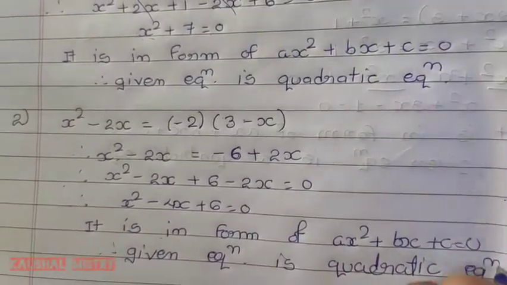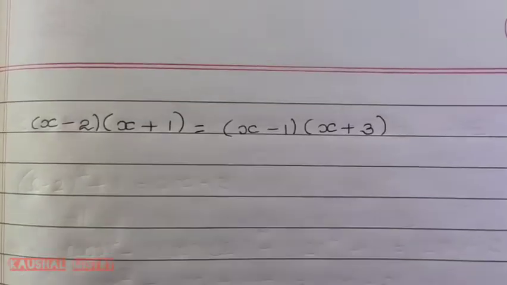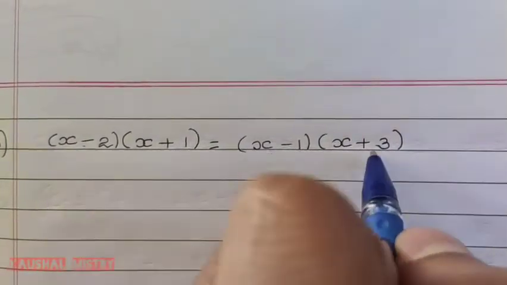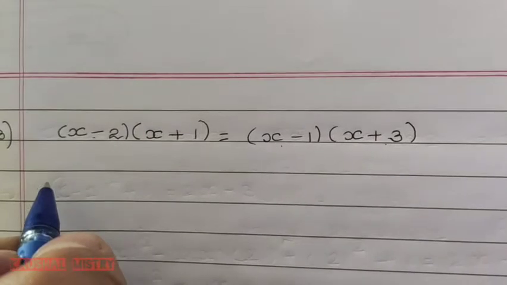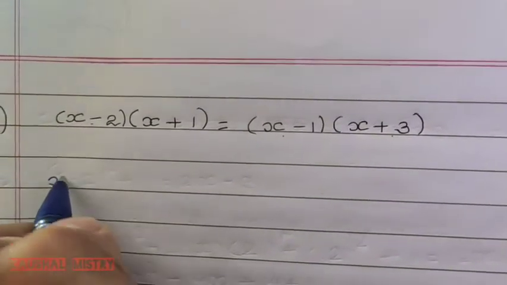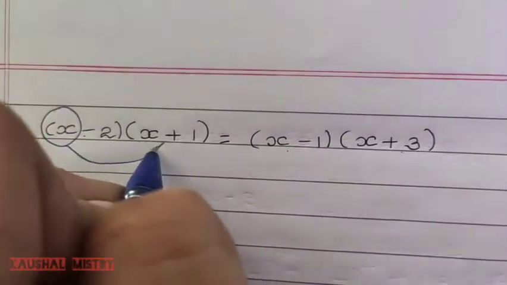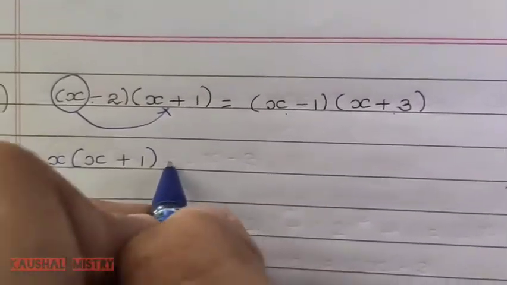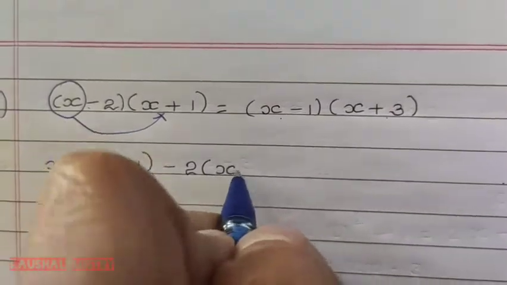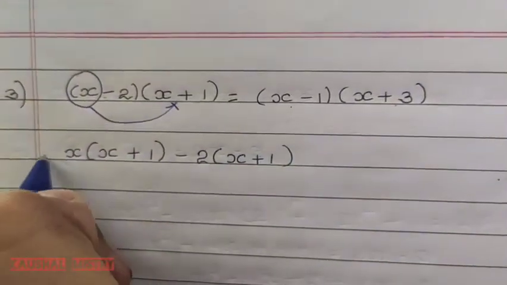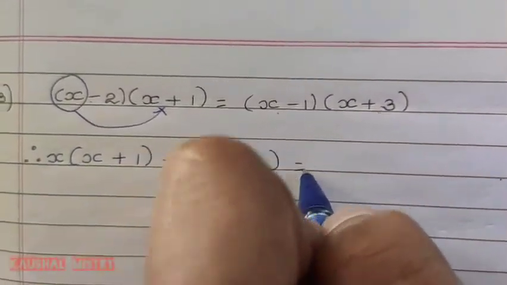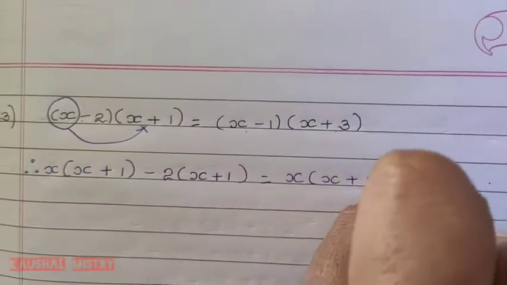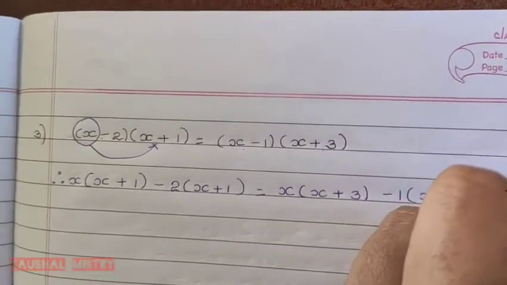a quadratic equation, right? Now here it is x minus 2 in the bracket x plus 1, equal to x minus 1 in the bracket x plus 3. Now we have to multiply this x by the whole bracket. So x in the bracket x plus 1 minus 2 in the bracket x plus 1, and x in the bracket x plus 3 and minus 1 in the bracket x plus 3.